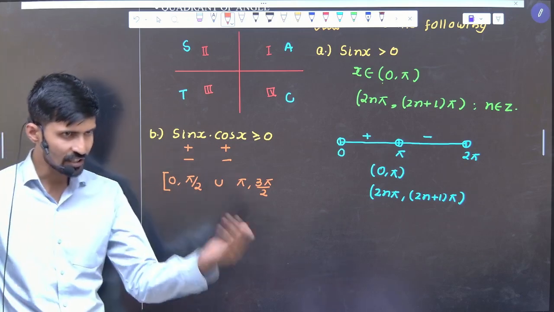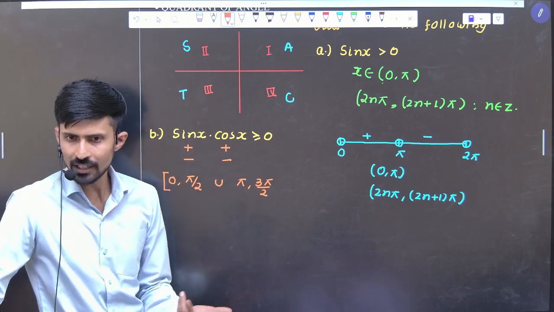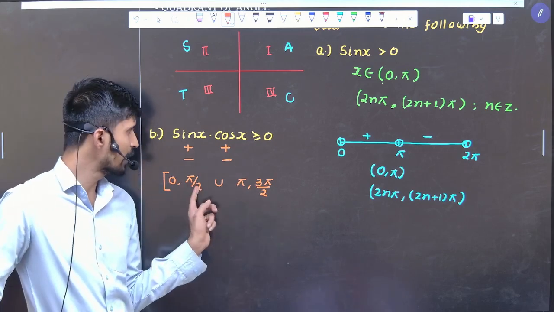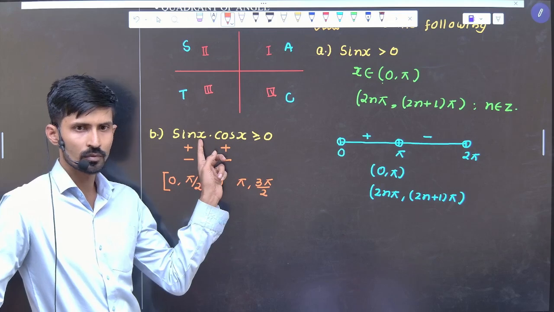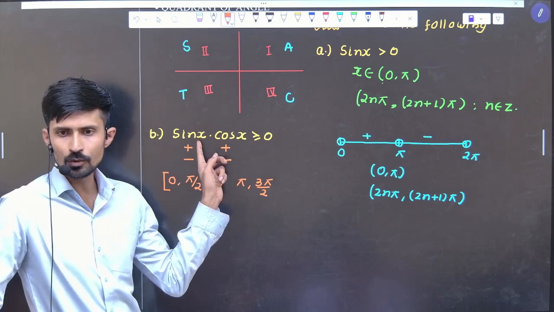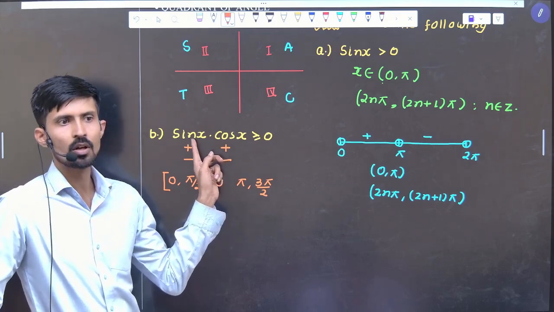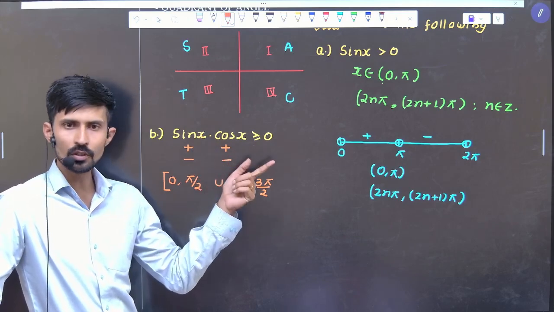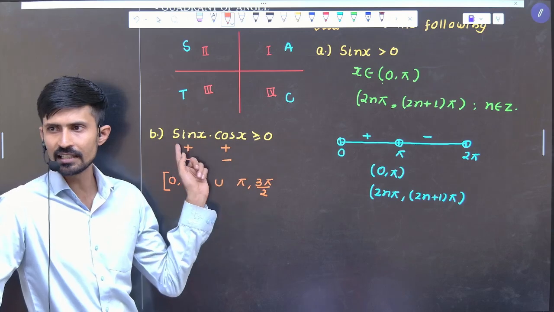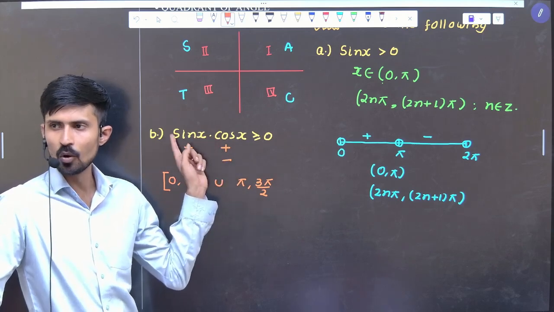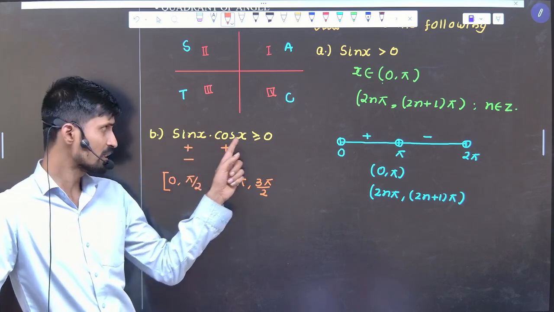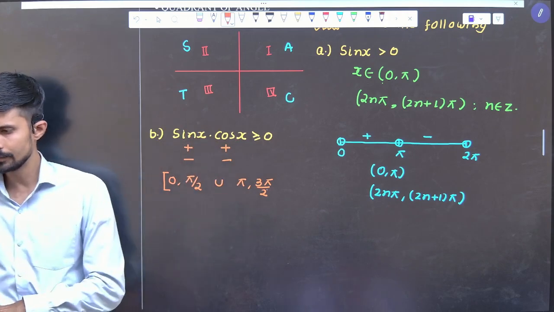If it is satisfying, close bracket. Not satisfying, open bracket. Now tell me, pi by 2. Sine pi by 2 is 1. Cos pi by 2 is 0. Pi by 2 means 90 degrees. Sine 90 is 1, cos 90 is 0. 1 into 0 is 0. 0 greater than or equal to 0, correct?